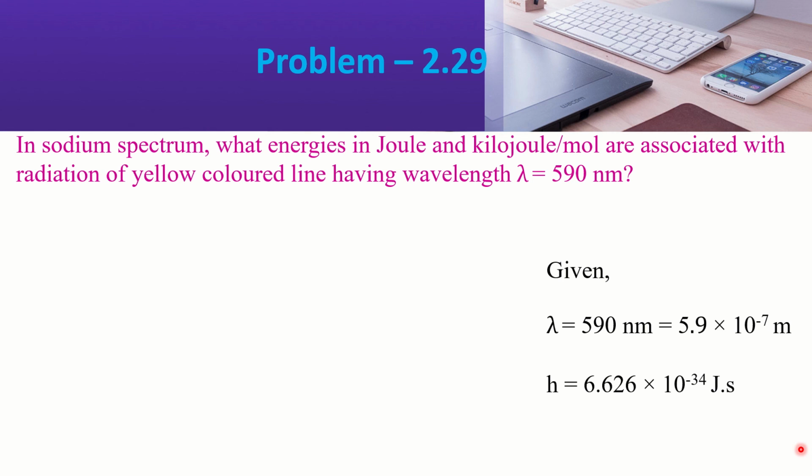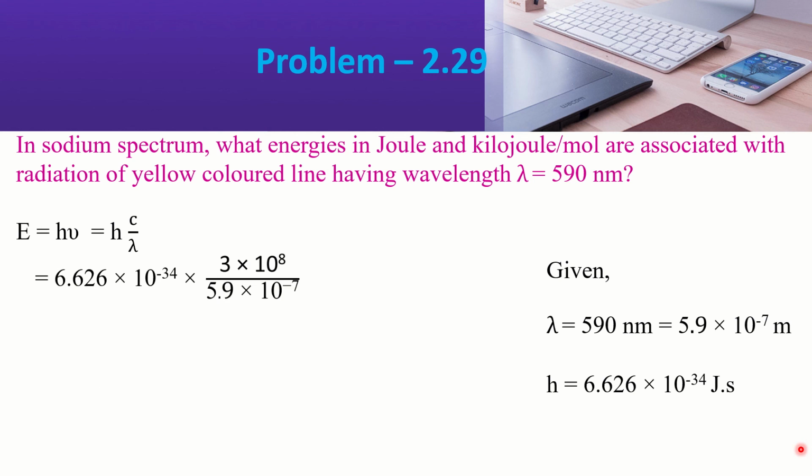And here you need Planck's constant because you have to find out the energy E, that means E equal h nu by using this formula. So here h equals 6.626 into 10 to the power minus 34 joule second. You know this, and you will find out the value of E equal h nu, and nu equal c by lambda, so we can write E equal h into c by lambda.